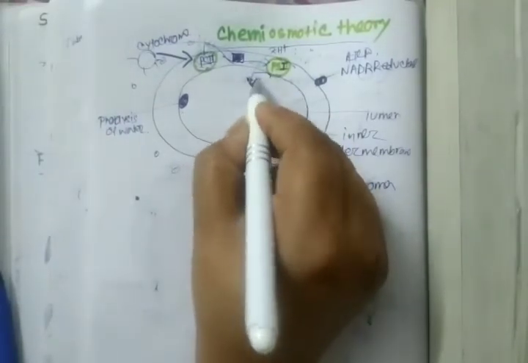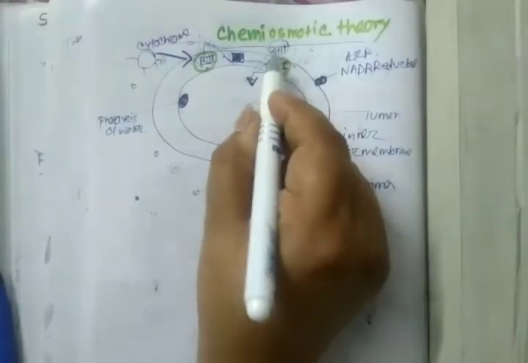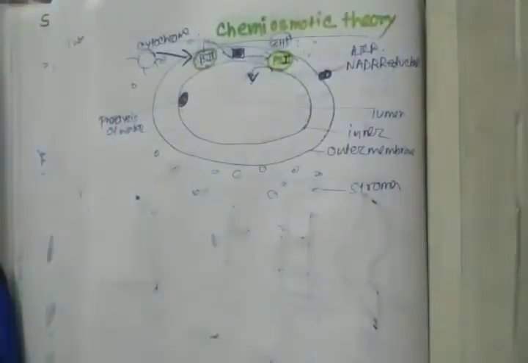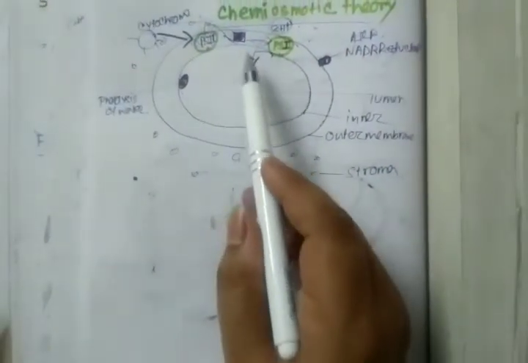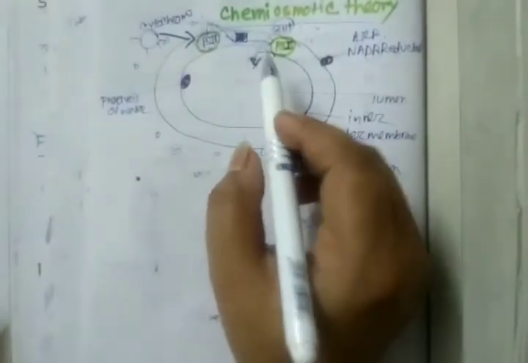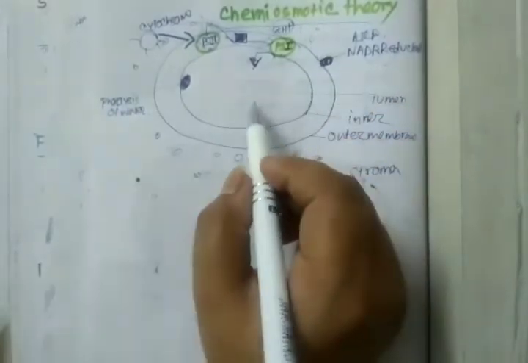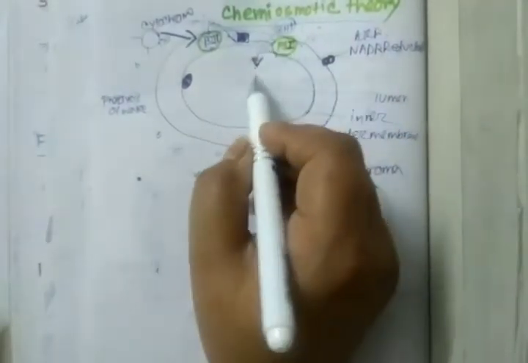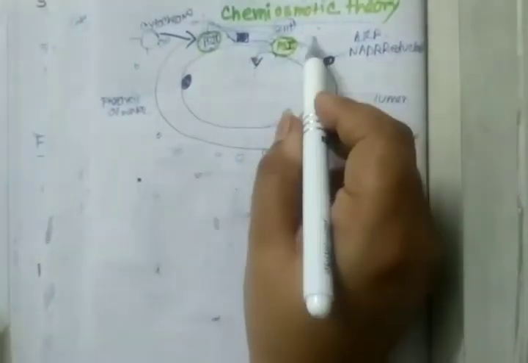So it pumps the protons from the stroma to the lumen. Actually, what does the cytochrome do? It will accept the proton and transfer the electron. So it is a proton acceptor and electron transporter.